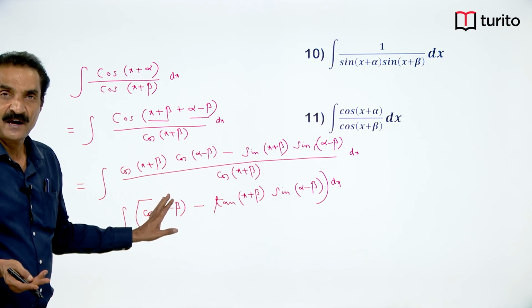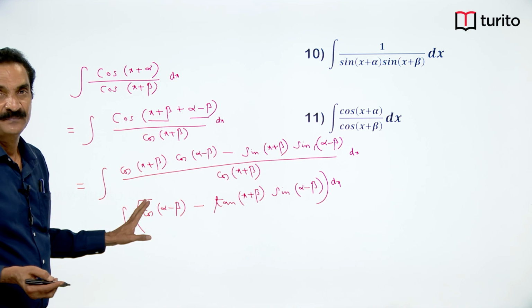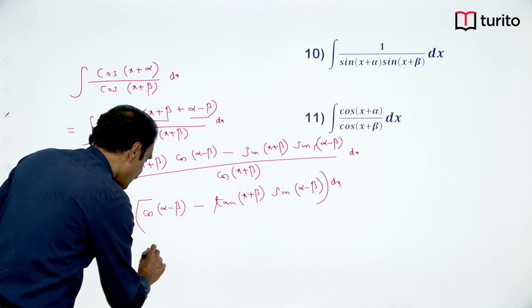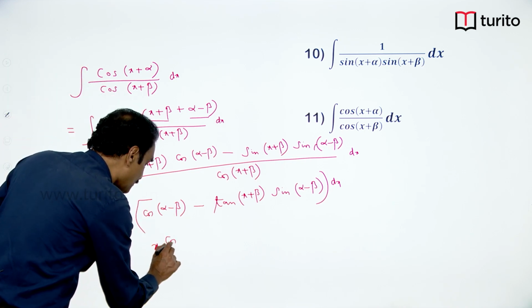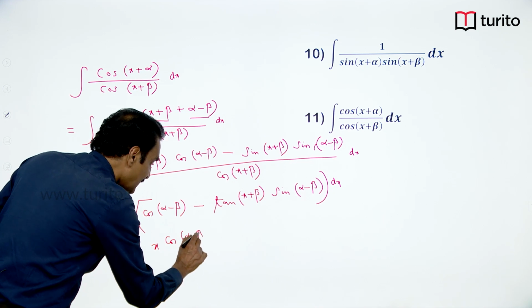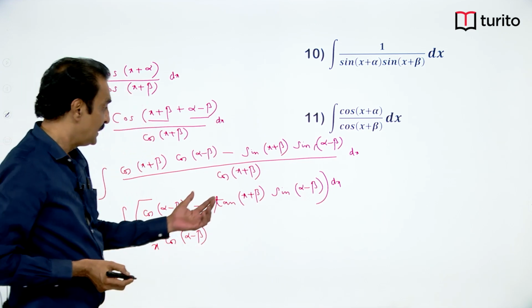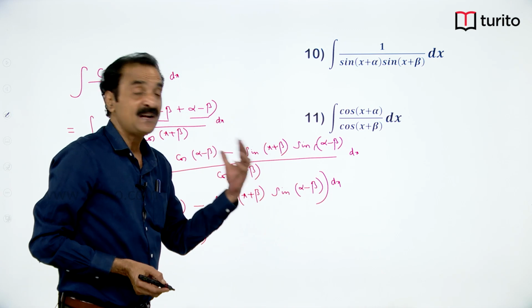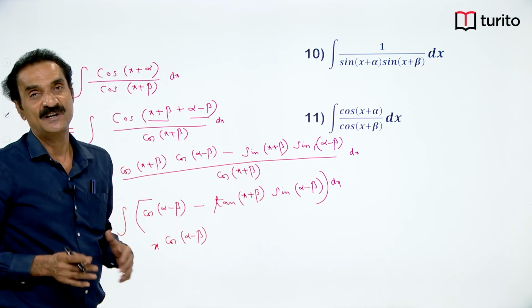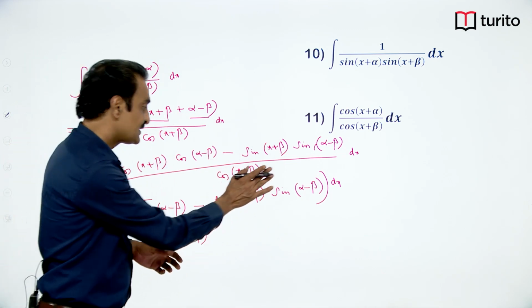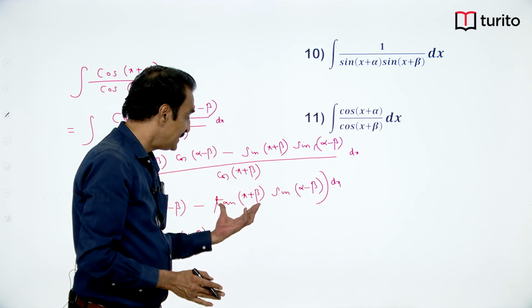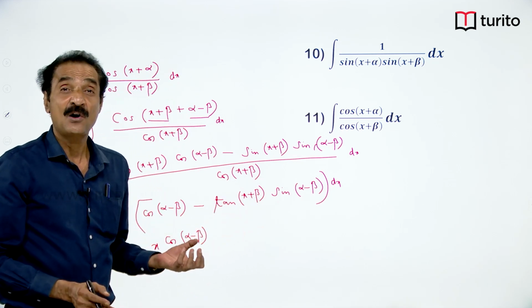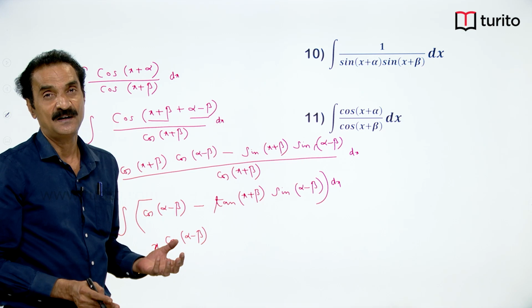What is the integral of k? It is kx. So, over here you will get x into cos alpha minus beta. Over here sin alpha minus beta is constant, just like k, and the integral of tan x plus beta is ln mod secant x plus beta.